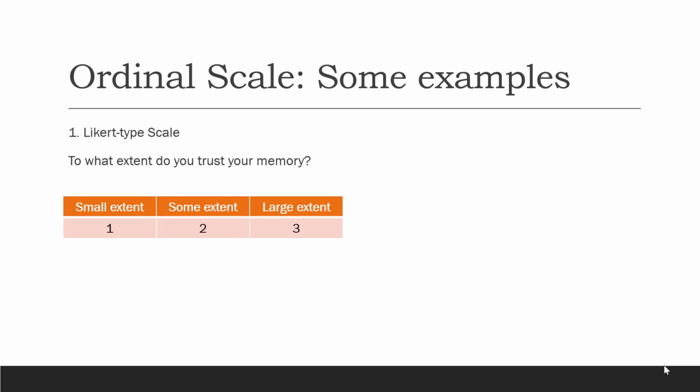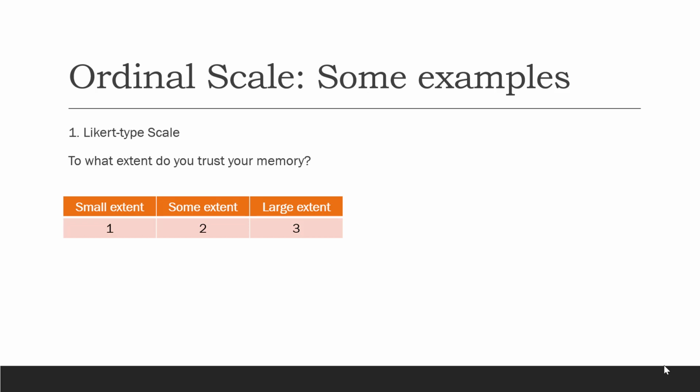So this is a very important message for us who want to be very clear about what is ordinal, what is interval, and what is ratio, and what is nominal scale.